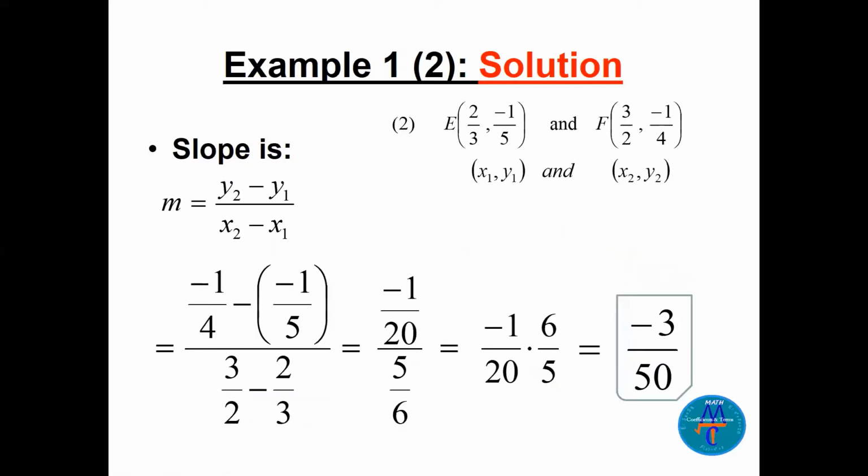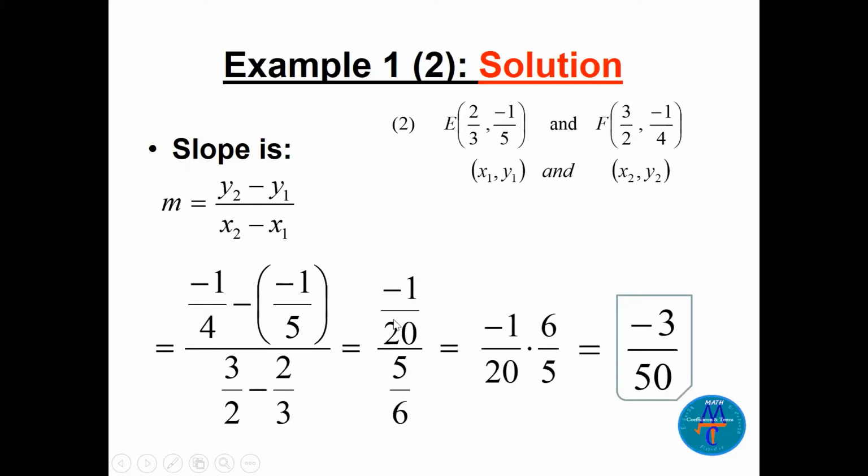Now the second one is a fraction. You have to use LCD. It's not that easy as integers, but the formula is the same. Slope for the line passing through E and F is minus 1 over 4 minus 1 over 5. That's plus here. 4 and 5, the LCD is 20. Here we multiply by 5, here we multiply by 4.